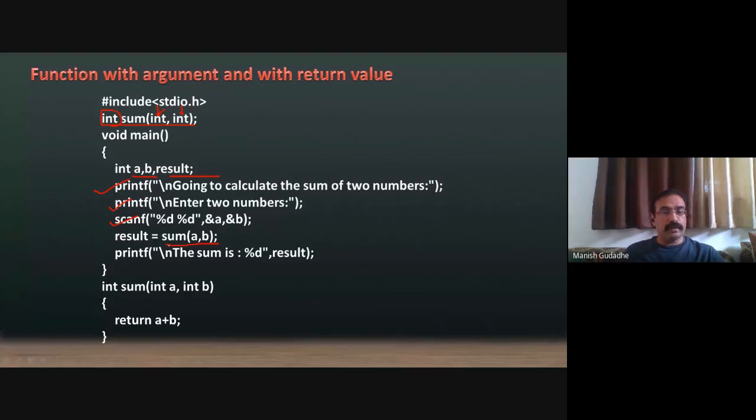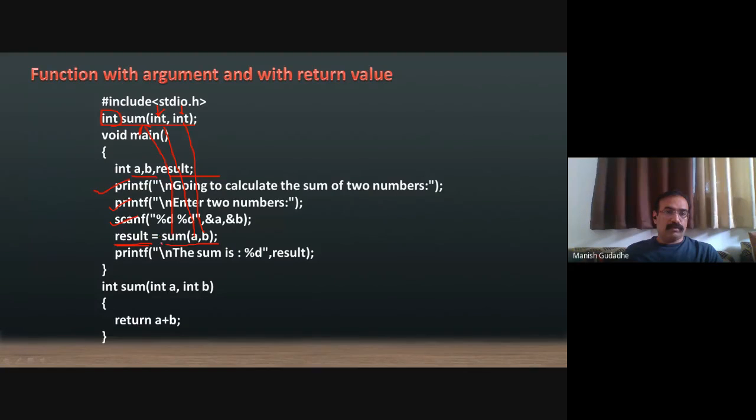We'll just check whether sum exists or not. Yes, there is a function called sum, which takes two integer arguments, A and B. Yes, it is taking them, and it is returning an integer value, which is getting collected in result. So syntactically the thing is correct, and conceptually it is also logical.